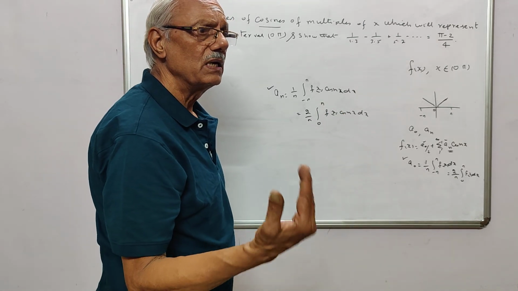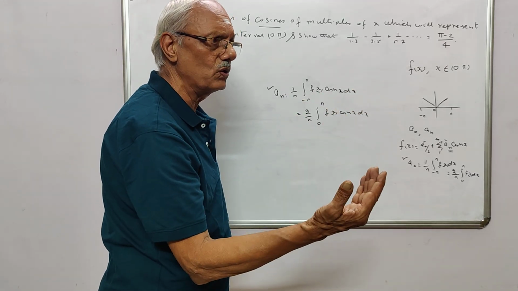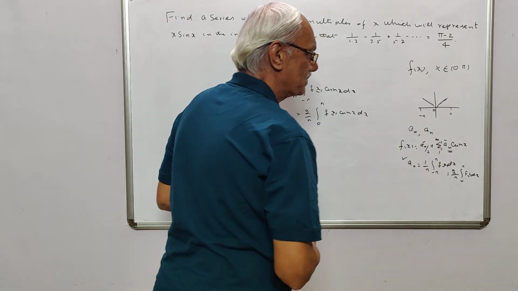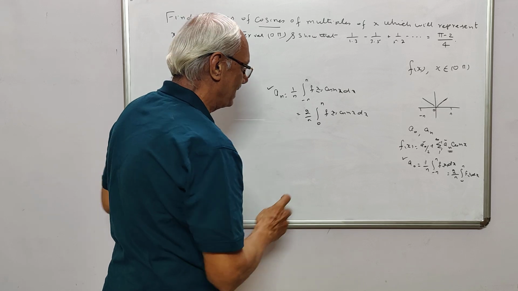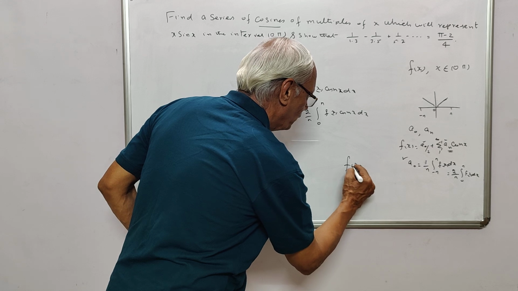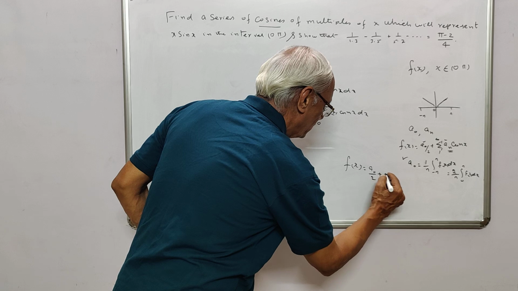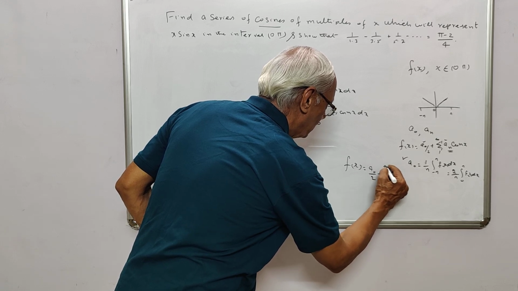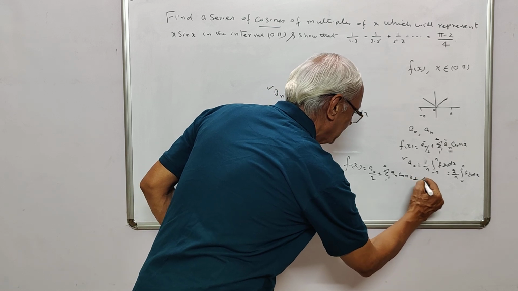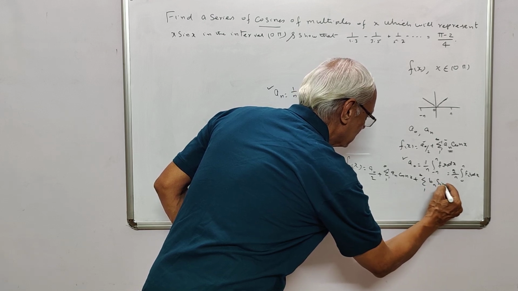Suppose you want f of x in terms of sine alone, then in the same way you extend it to minus pi to 0. What is your Fourier series? It is a0 by 2 plus the sum from 1 to infinity of an cos nx plus the sum from 1 to infinity of bn sin nx.